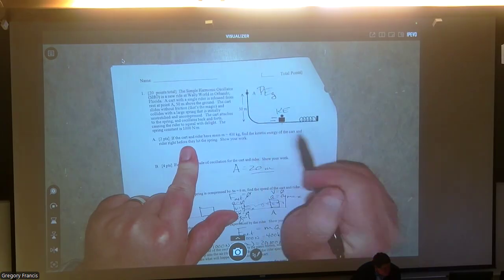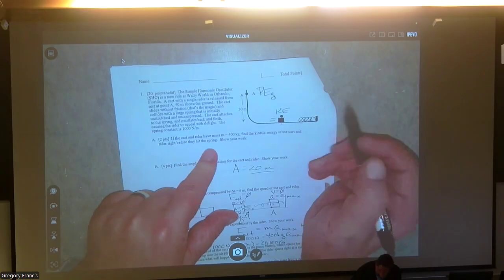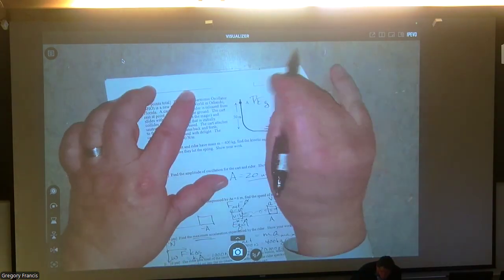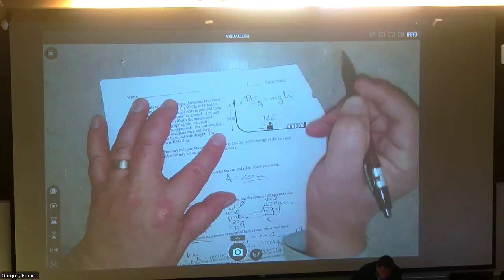Because it's a frictionless track, those are equal to each other. So if I find out how much energy I started out with, that's just mgh.